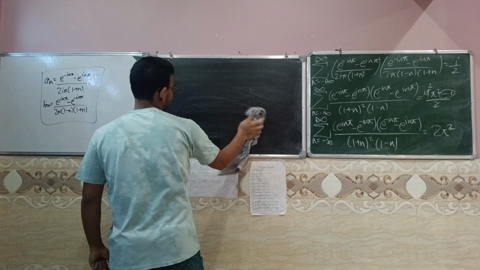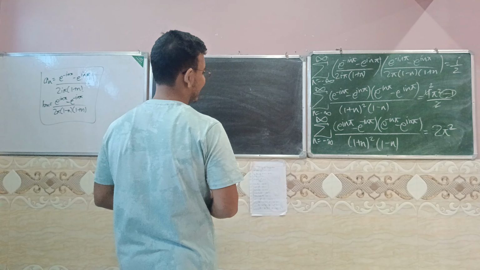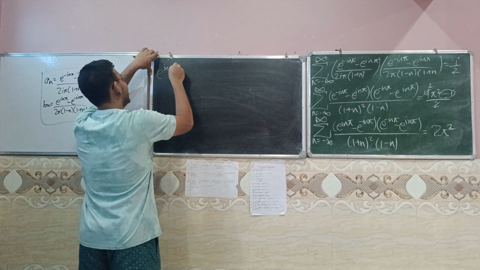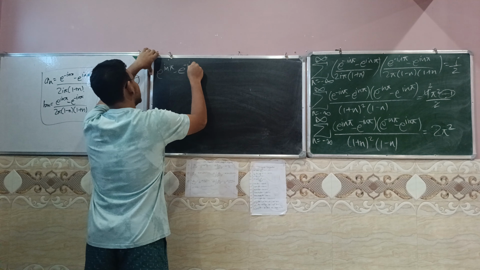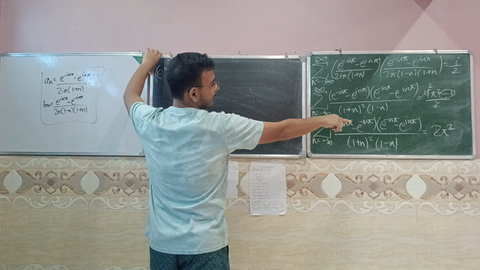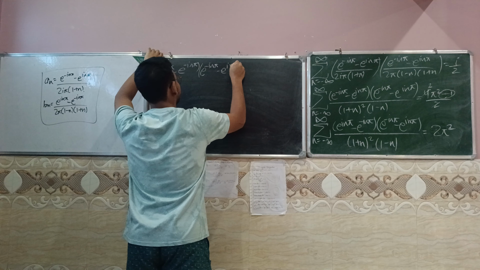Okay, so let's solve this, the numerator argument actually. So we are having e to the i n pi minus e to the minus i n pi, times e to the minus i n pi minus e to the i n pi.